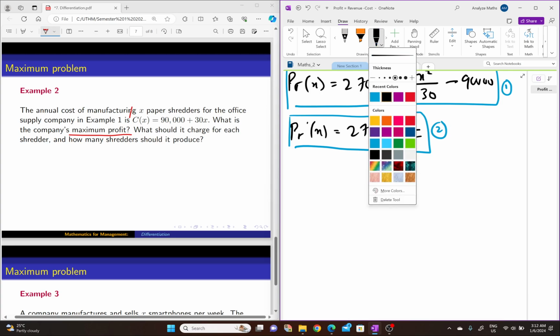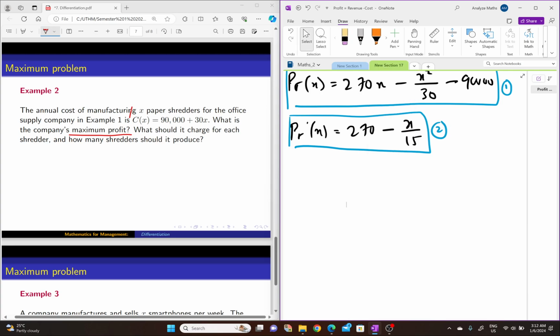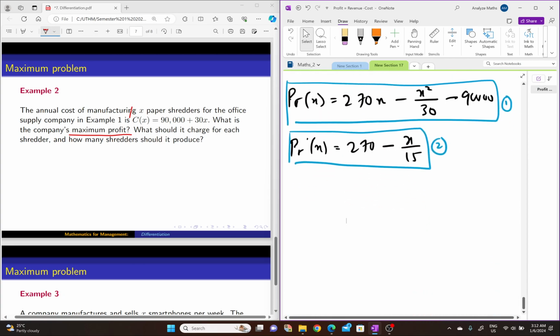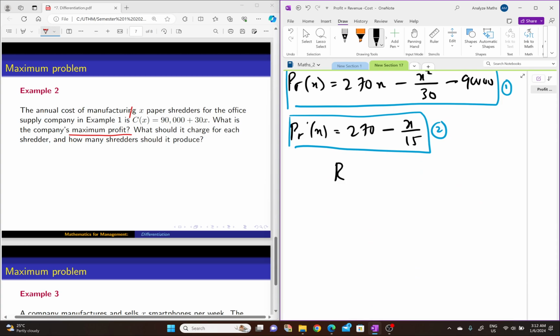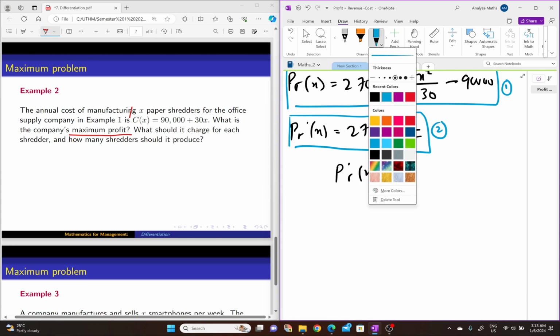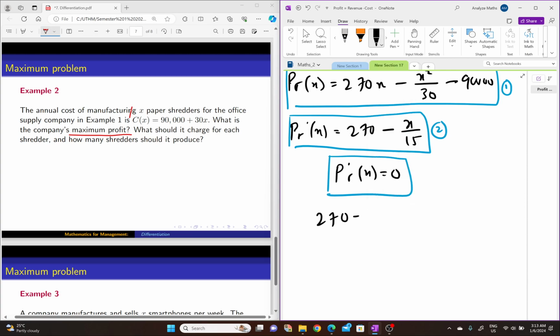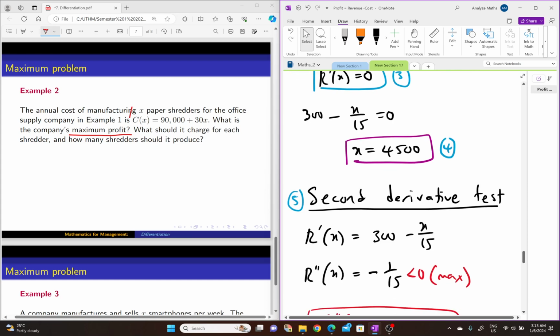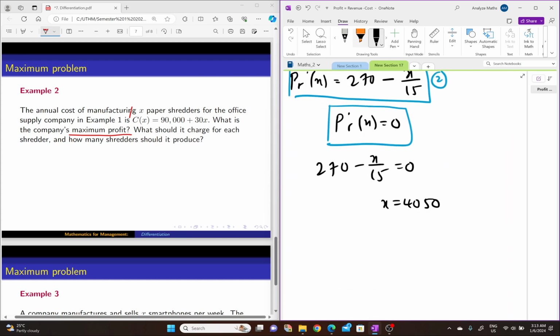The third one is we equate with 0 for us to find the x. If you solve this, your x will be 4050. That is the fourth step.